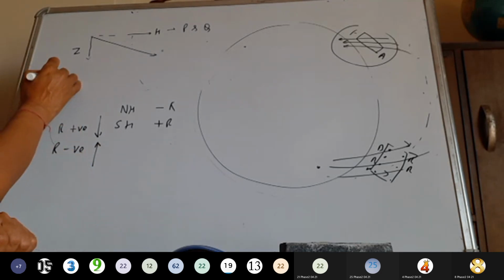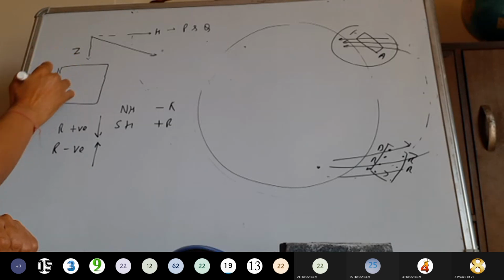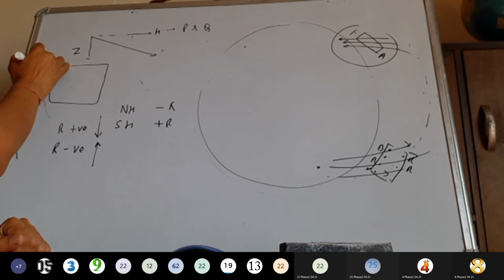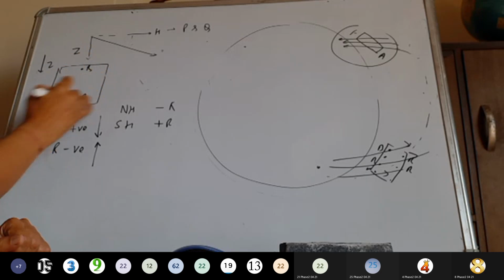Okay, so in the northern hemisphere, what is the direction of Z? Z is acting vertically downward. So obviously this will become blue and this will become red. So the lines of forces will always be going from red to blue.